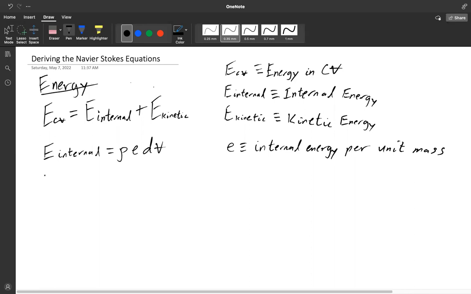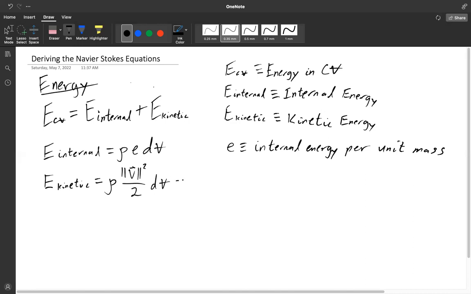For the kinetic energy, we have rho times the magnitude of the velocity vector squared over 2 times dV.